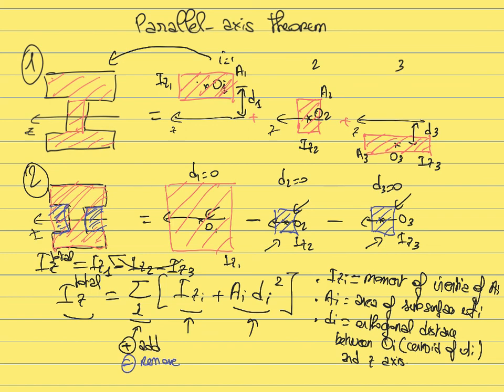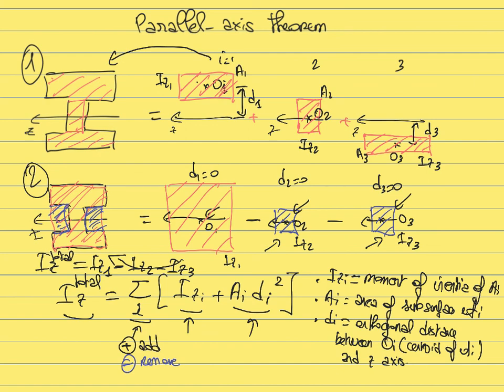Now that you have this formula, for almost every cross-section, for every shape of the cross-section of a beam, you can most of the time decompose this beam into a series of rectangles by simply adding or subtracting some rectangles, and then use the parallel axis theorem.